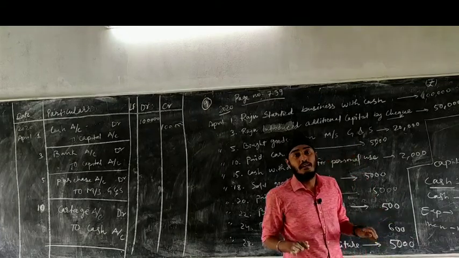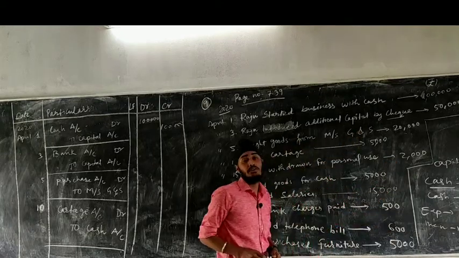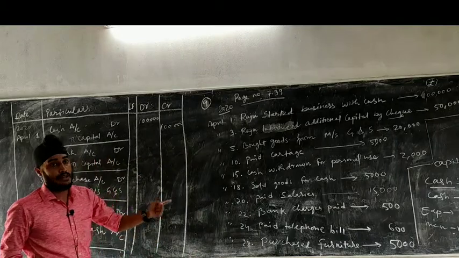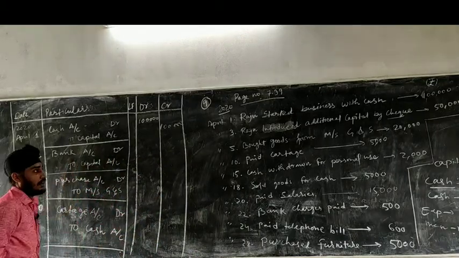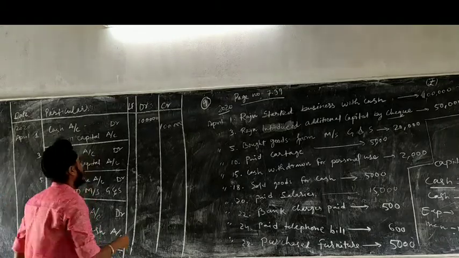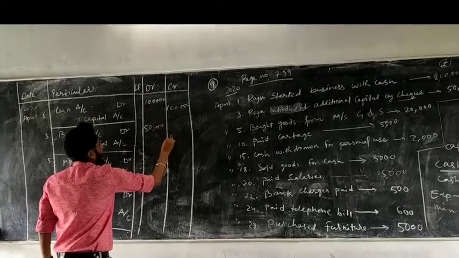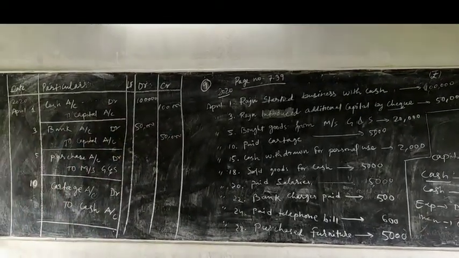So bank will be debited because bank is increased by the amount 50,000. So bank account debit to capital account, and as I have mentioned, capital is always credit. So 50,000 will be debited and again 50,000 will be credited. Clear students?